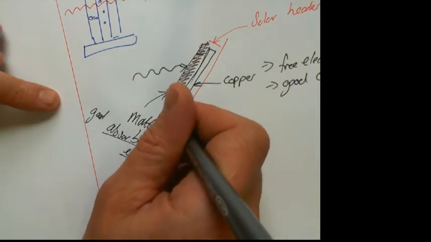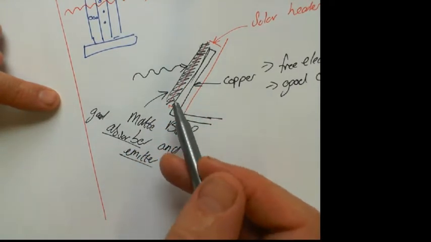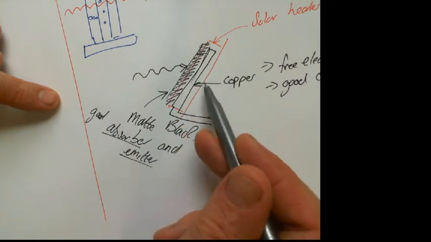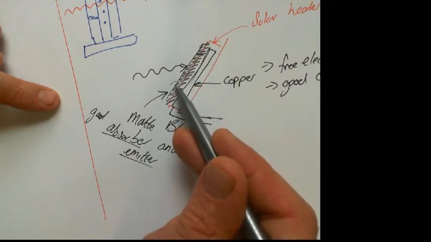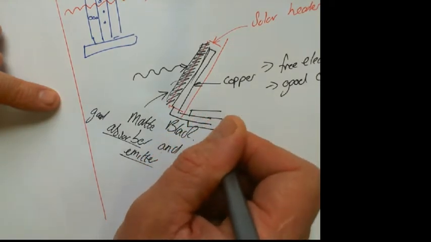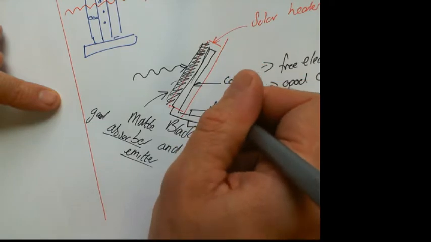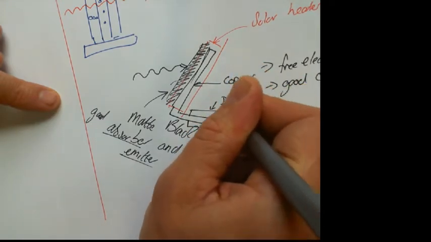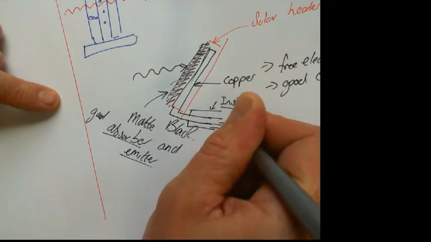And the other thing you need to think about is once it's outside, you don't want it to be insulated at all because you want it to be touching this matte black surface and then transfer the heat into the pipe. But once you're inside the house, you want this to be insulated so that it doesn't lose the energy once it's inside the house.